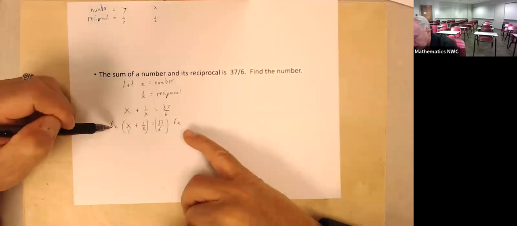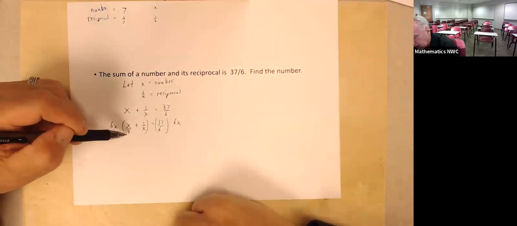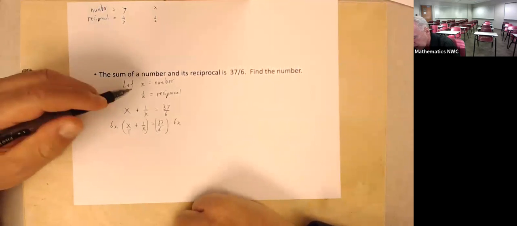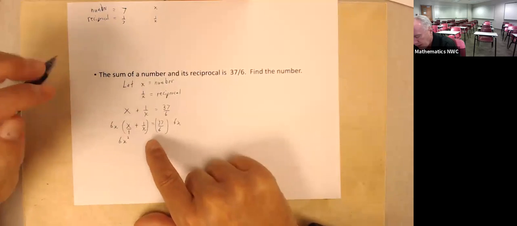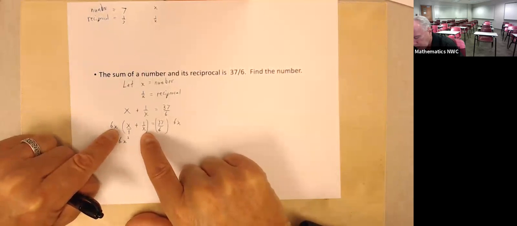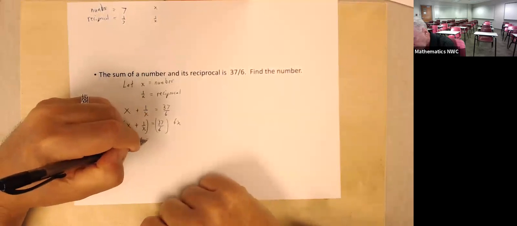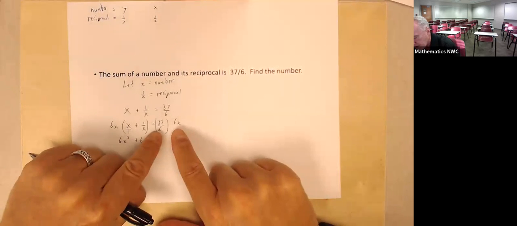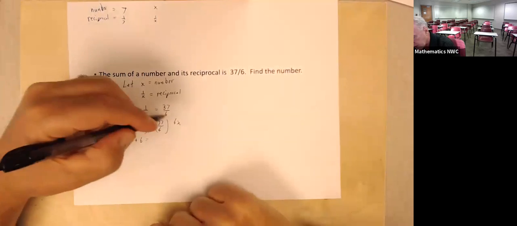The reason I'm doing that is I want to get rid of these fractions. Nothing cancels here, so 6x times x is 6x squared. Here, notice the x's would cancel, so you'll be left with just 6 times 1. Here, notice the 6's would cancel. You'd be left with 37 times x.